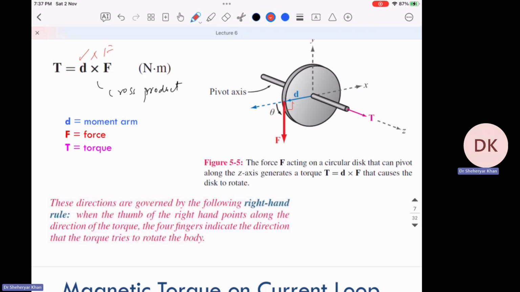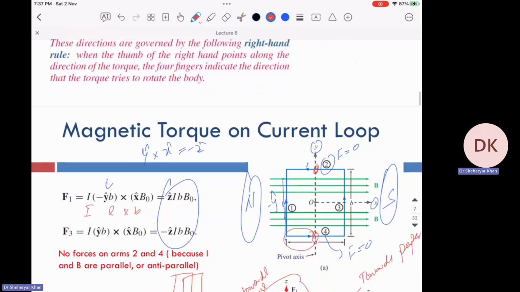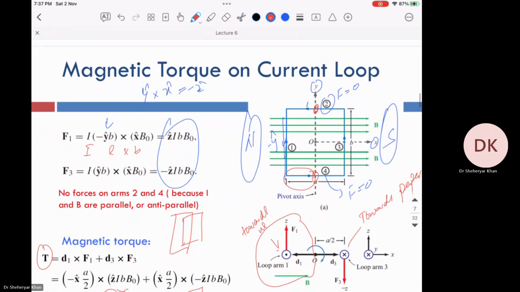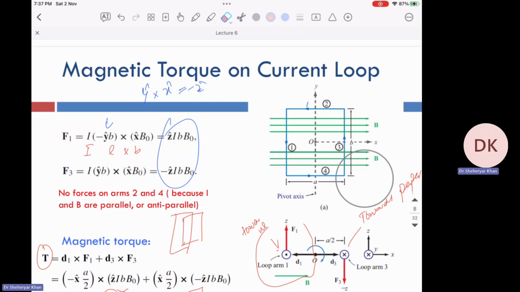D is going in this direction, F is going down, and the torque is perpendicular to both. This is what we call the torque. This is also a cross product. Why do we study this? Because we need to understand an important concept here. So first look at this.